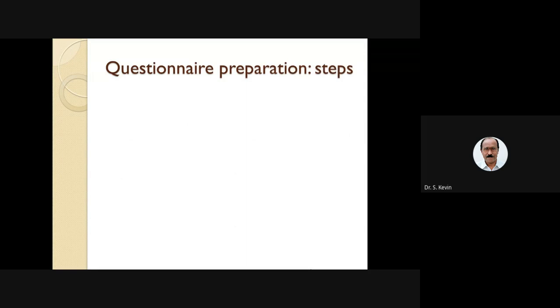Now, the questionnaire preparation involves a number of steps here. So let us briefly see the steps. First of all, what is the information that we need? In our study, what is the information that we need? We have to list out, before preparing the questionnaire, the different types of information that we require. Then convert that information into questions.